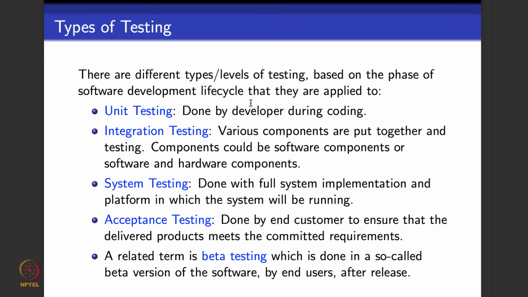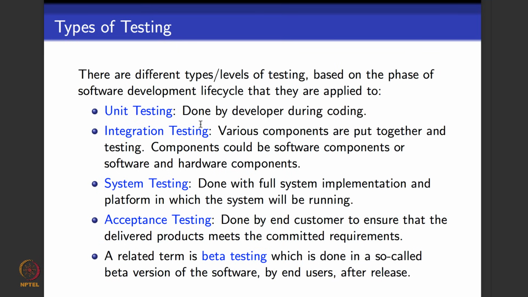When he or she writes the code, they debug the code, they test the code then and there to see if the code is working fine as far as its requirements are concerned. These days, because of the stress on agile methodologies, developers are expected to do a lot of unit testing themselves. They don't really have the luxury to pass things to a tester and say that you do it, right?